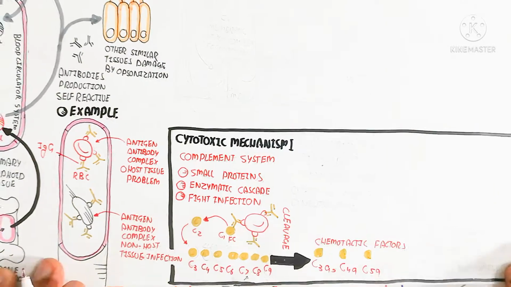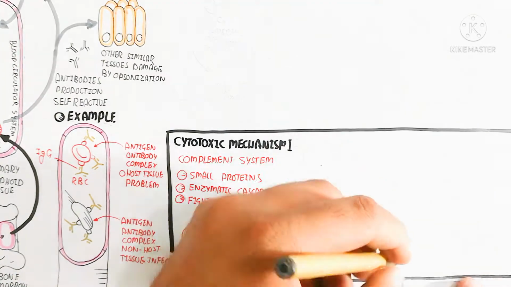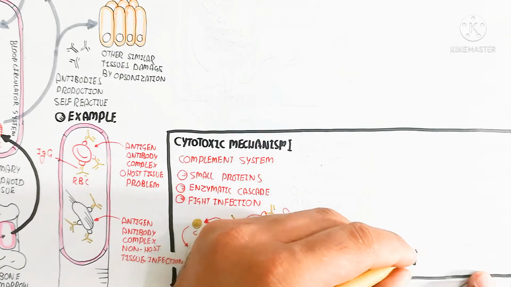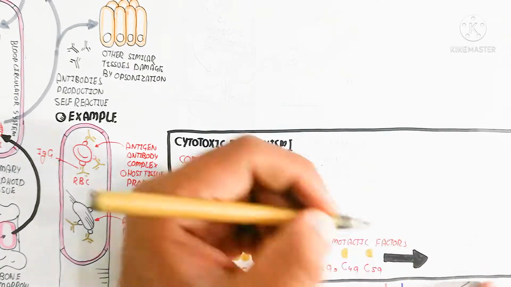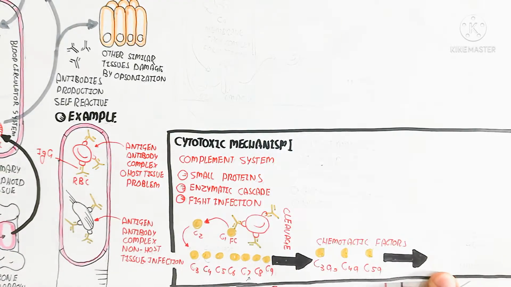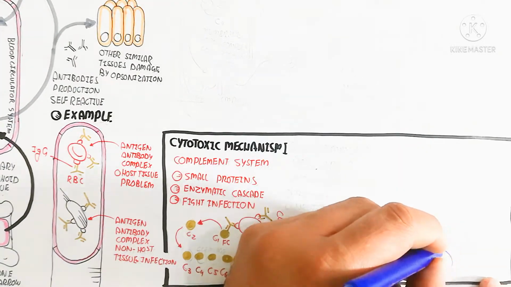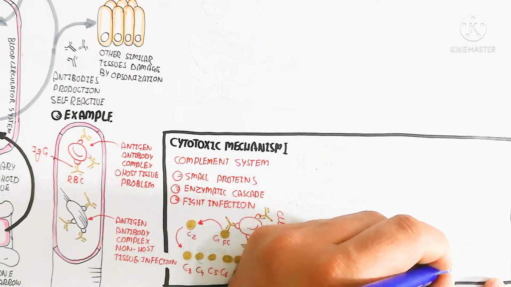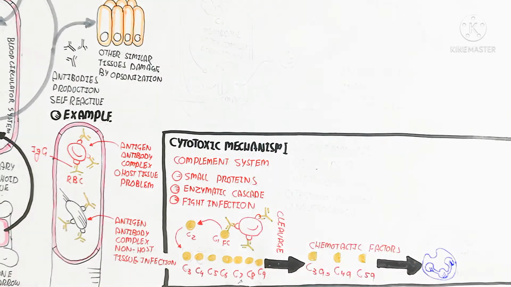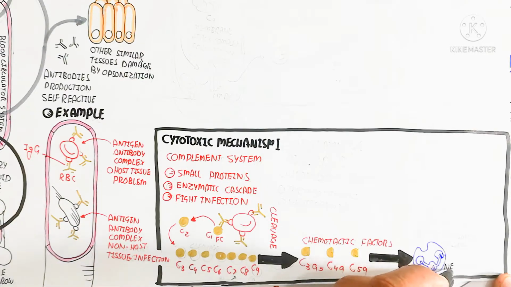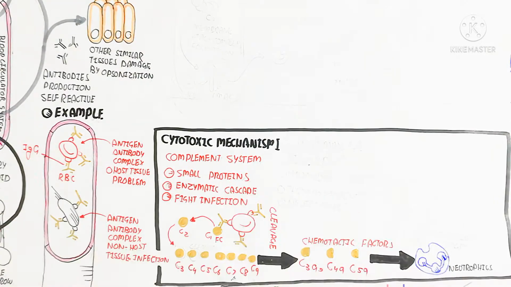That is the chemoattractive factor. This chemoattractive factor will recruit the neutrophil, and the neutrophil will trigger the production of enzymes after degranulation. Enzymes can be peroxidase, proteinase 3, and myeloperoxidase, and degranulation occurs in this manner.